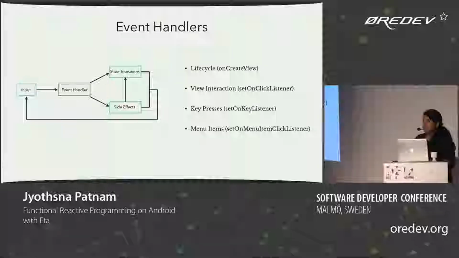In Android, the API allows you to register handlers for lifecycle changes like on create view, state changes like set on click listener, key presses like set on key listener, and menu items like set on menu item click listener. Now, these event handlers will give you side effects and state transitions, which I'm going to speak about now.